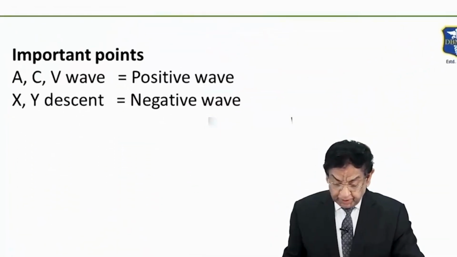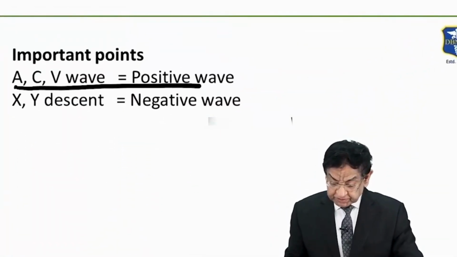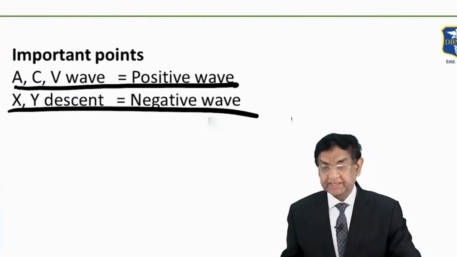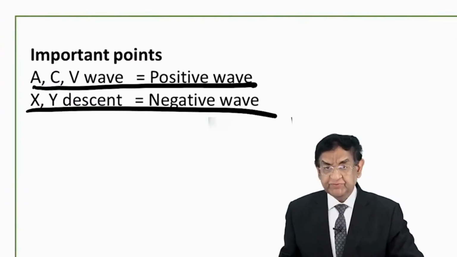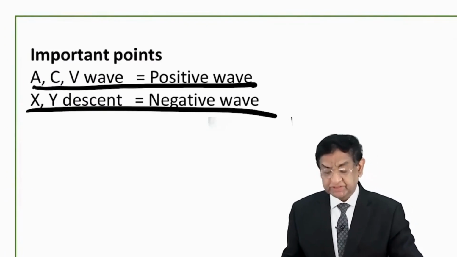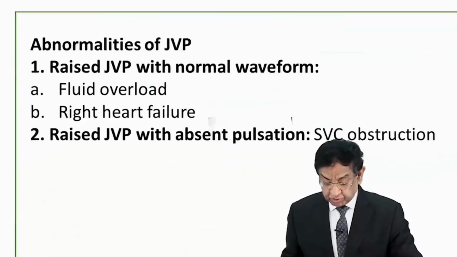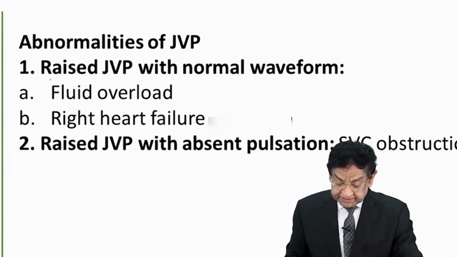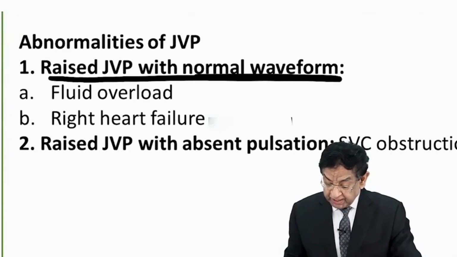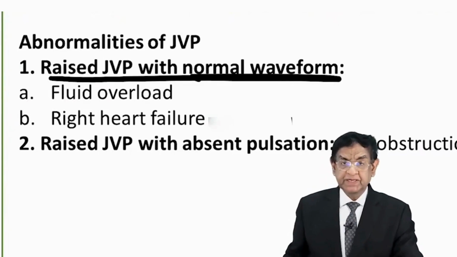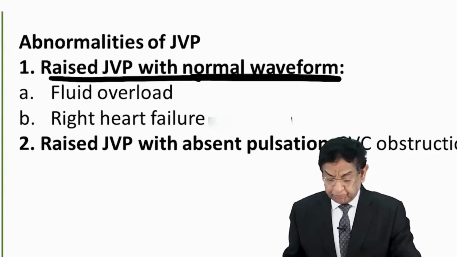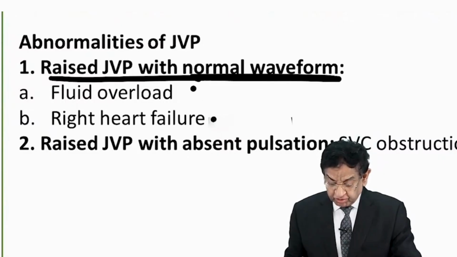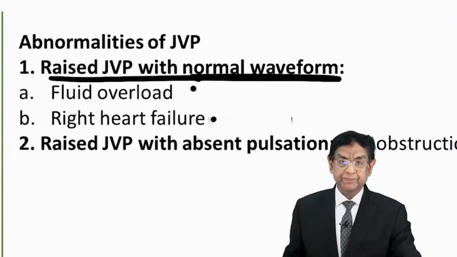So important point, A, C and V are positive waves, X and Y descents are negative waves. With this background of the normal physiology, now we talk about abnormality of JVP. Raised JVP with normal waveform is one of the very important points of right ventricle failure or volume overload.